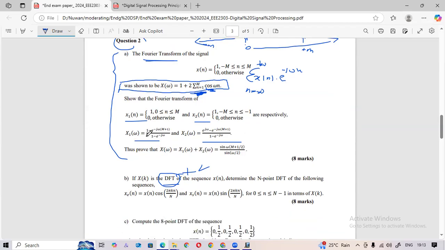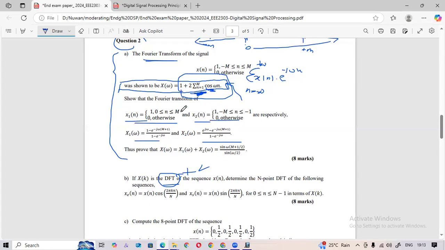And if you want to use this, actually I tried to use this to get this value, I couldn't get it. Maybe just try it by yourself. Maybe to show this equation, you have to use these terms. Without these terms also you can get it by applying the Fourier transform directly to this sequence and this sequence.